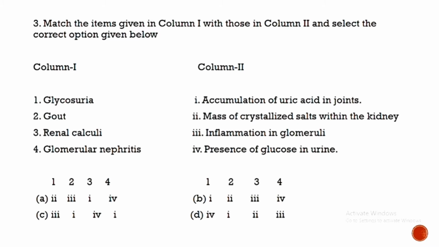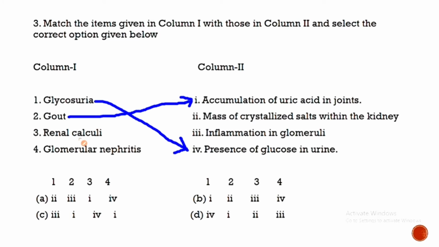In untreated diabetes mellitus, the blood glucose level increases. So the right option here will be glucose, for glucosuria is the presence of glucose in urine. Now gout is an arthritis disease characterized by severe pain and tenderness in joints. It is caused due to accumulation of uric acid crystals in joints. So gout will match with accumulation of uric acid in the joints.